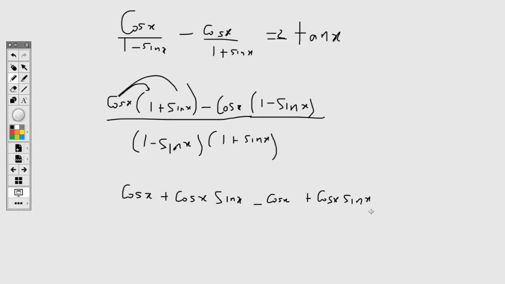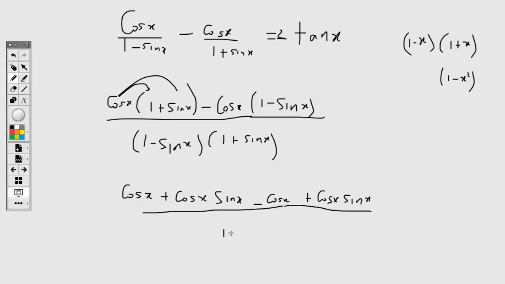However, looking at the denominator, we can see something. It's behaving like if I have difference of 2 squares. So if I have 1 minus x times 1 plus x, difference of 2 squares is the same thing as 1 minus x squared. So it's the same scenario here.